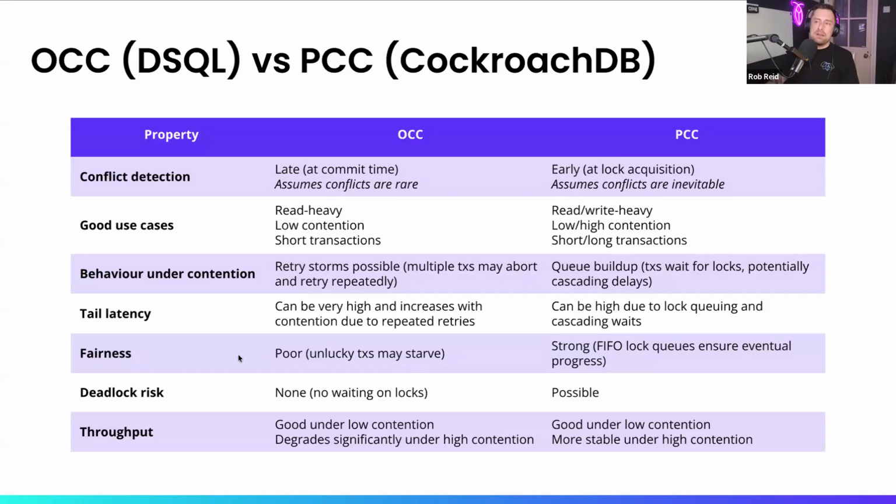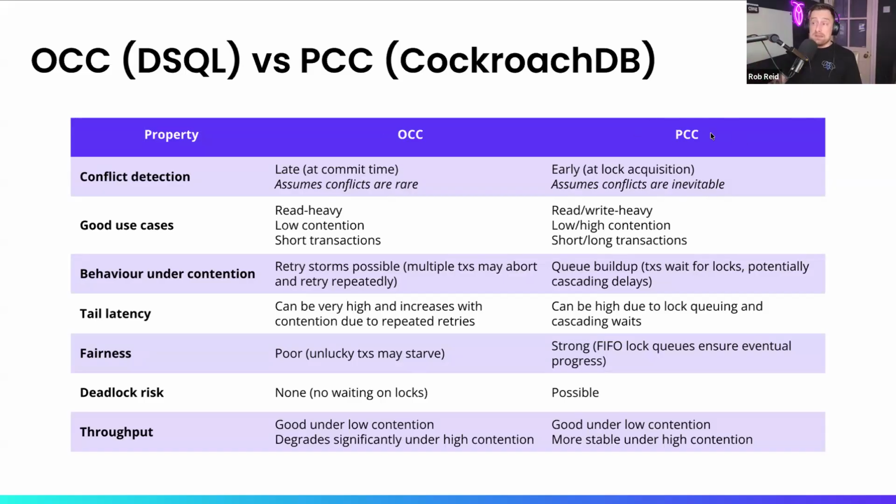And this hopefully explains why. So OCC, from a conflict detection perspective, does things late. So it will allow you to go right up to the point of commit before it returns an error or an exception. So the OCC model assumes that conflicts are going to be rare, which in a database with lots of different users all needing different data might be the case.